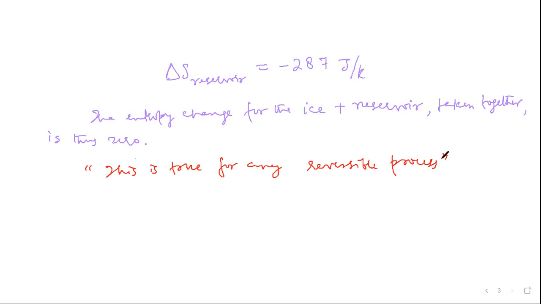Because any increment of heat that enters the system must originate from an equal increment, which will be negative, that leaves the reservoir, right?